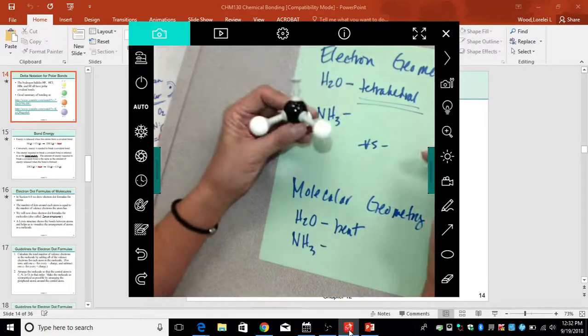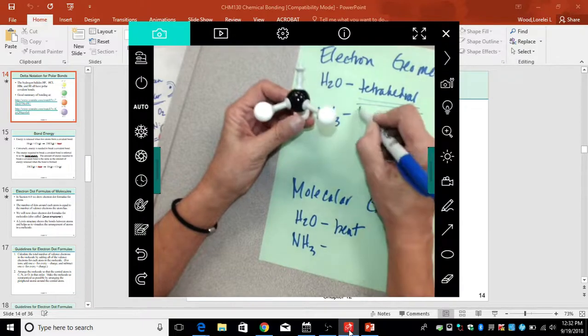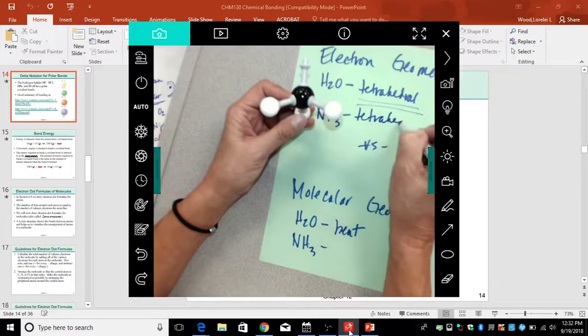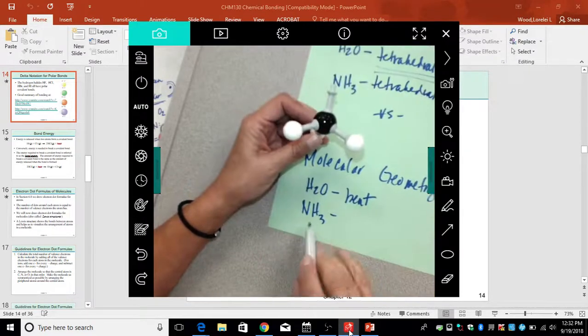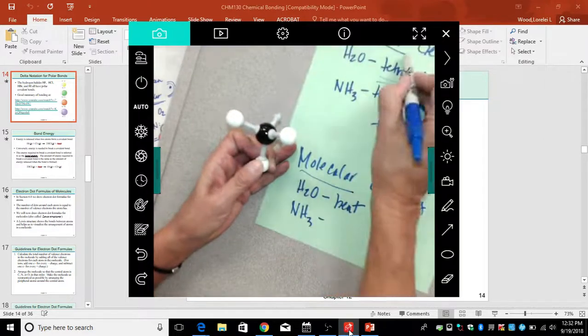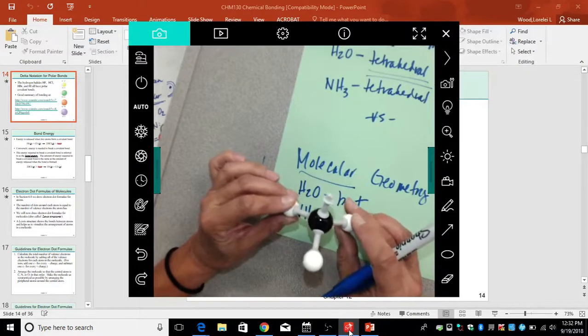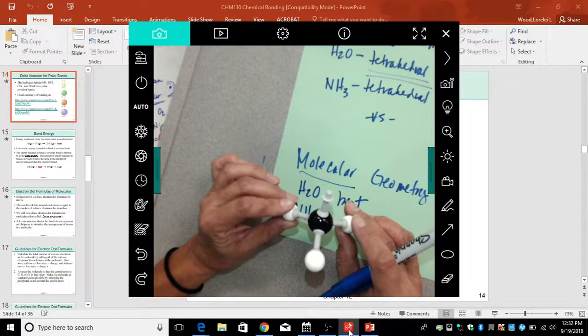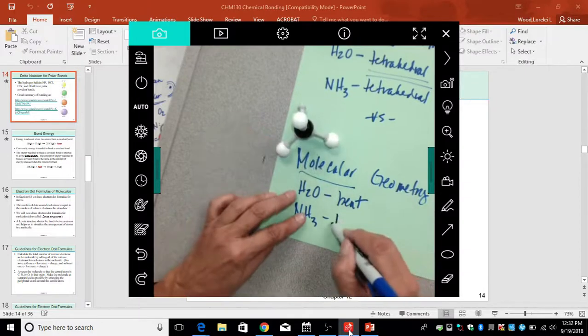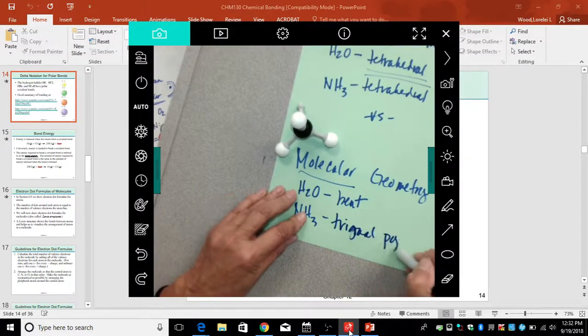So if it has 4 lobes of electrons, what's its shape? Tetrahedral. NH3, however, the molecule is different than the electron, so the molecular geometry of NH3 is trigonal pyramidal.